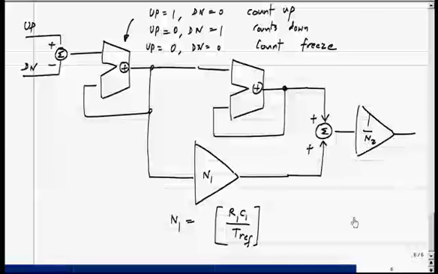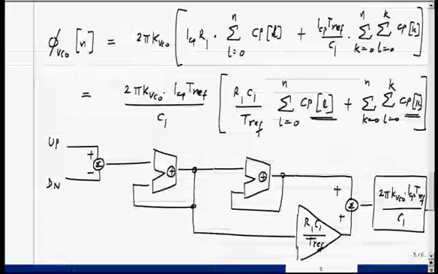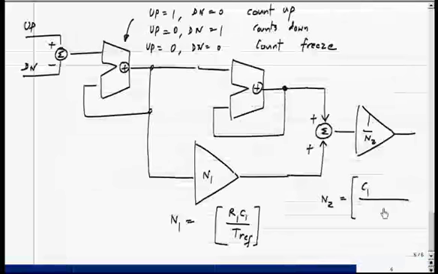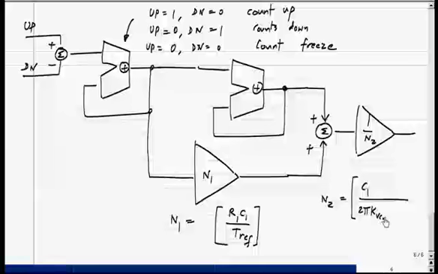I said divided by because I know that the scaling factor here is going to be less than 1, and N2 is the integer that is closest to this number. So that is all that is there to it.